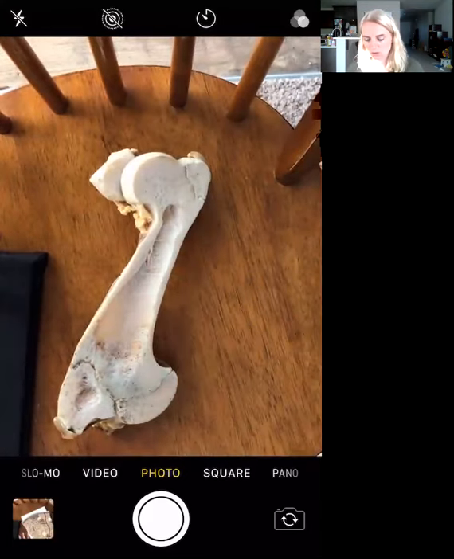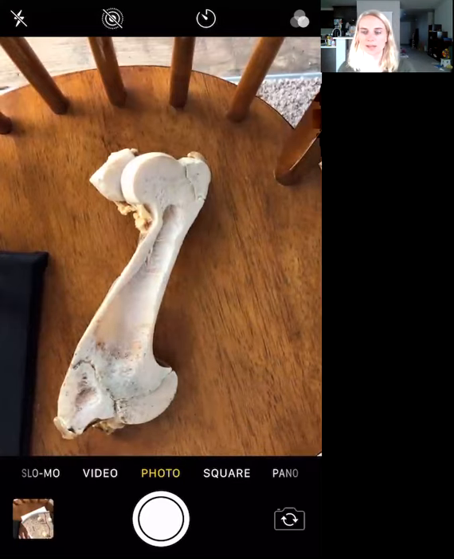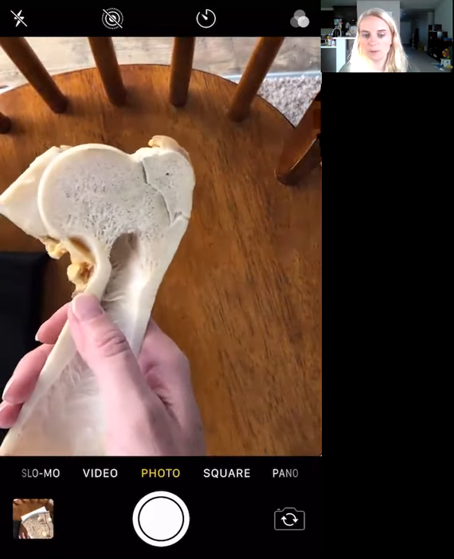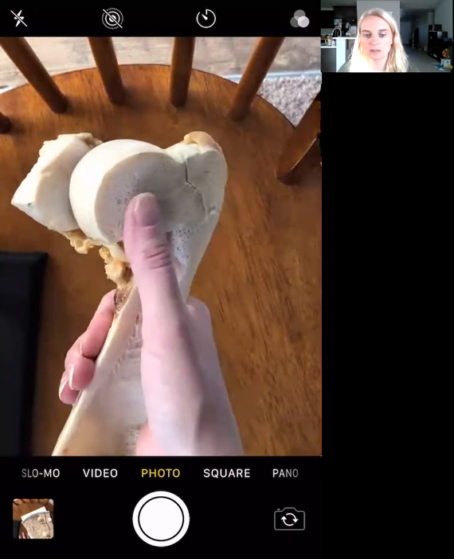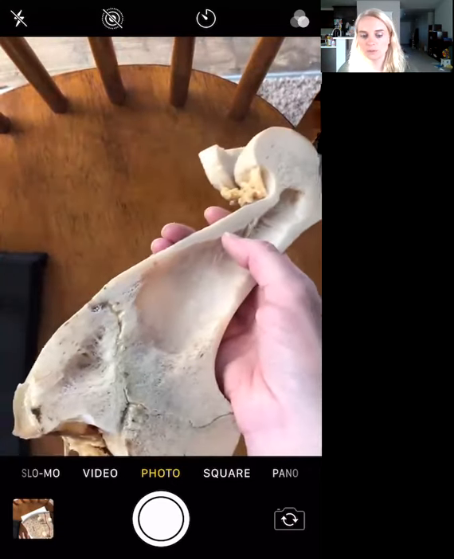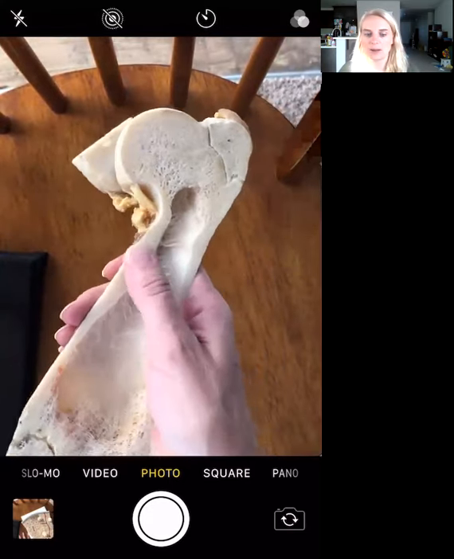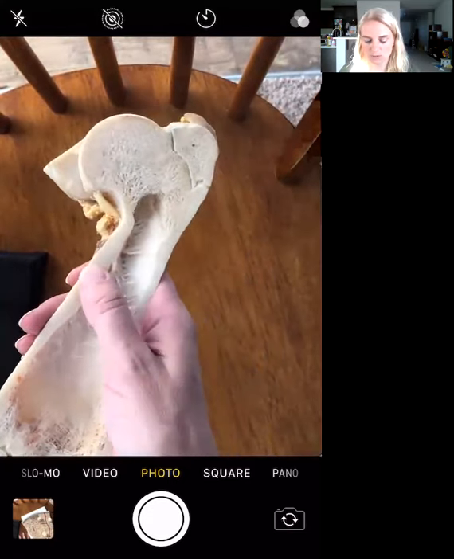So we are going to cover the markings, or the items, in the gross anatomy. The first one is spongy bone versus compact bone. You can really see the spongy bone here at the ends of the bones. And then the compact bone is this thick, dense bone here, really smooth.